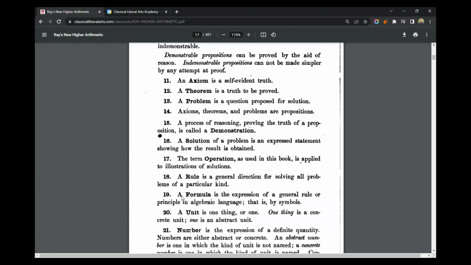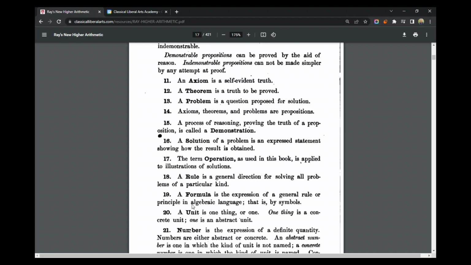And Article 19, the last article we'll study in this lesson. A formula is the expression of a general rule or principle in algebraic language, that is, by symbols.